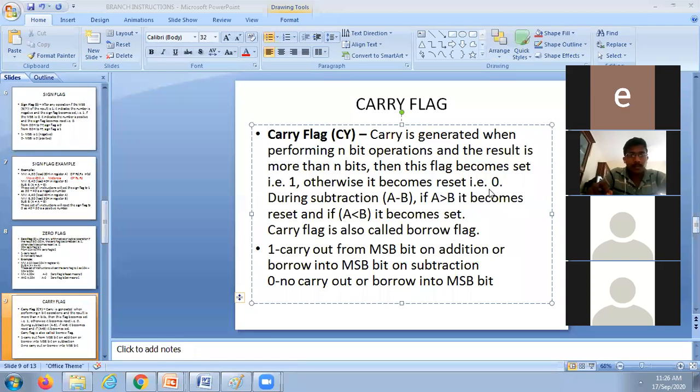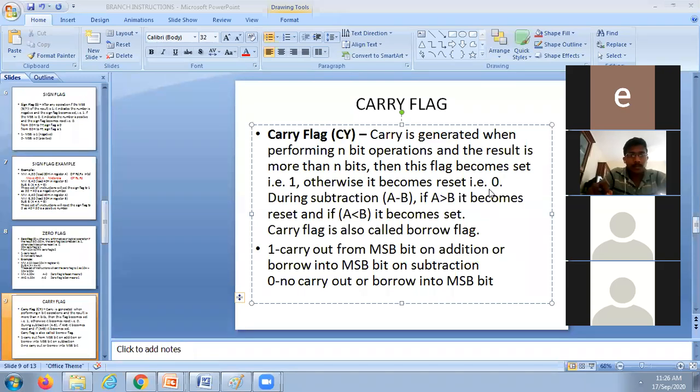While doing addition or subtraction, this carry bit is affected. Similarly, the carry bit is affected for shift and rotate operations also.